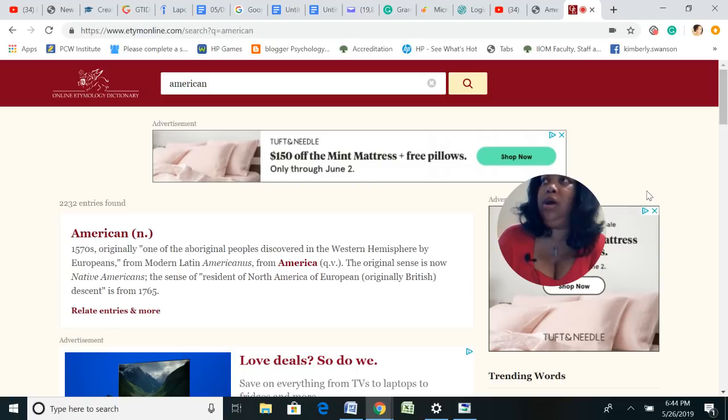We often hear the word American in the media. I'm going to read the definition here in the etymology dictionary. It says here, American, and it's a noun. It says 1570s, originally one of the Aboriginal peoples discovered in the Western Hemisphere by Europeans, from modern Latin Americas, from America.